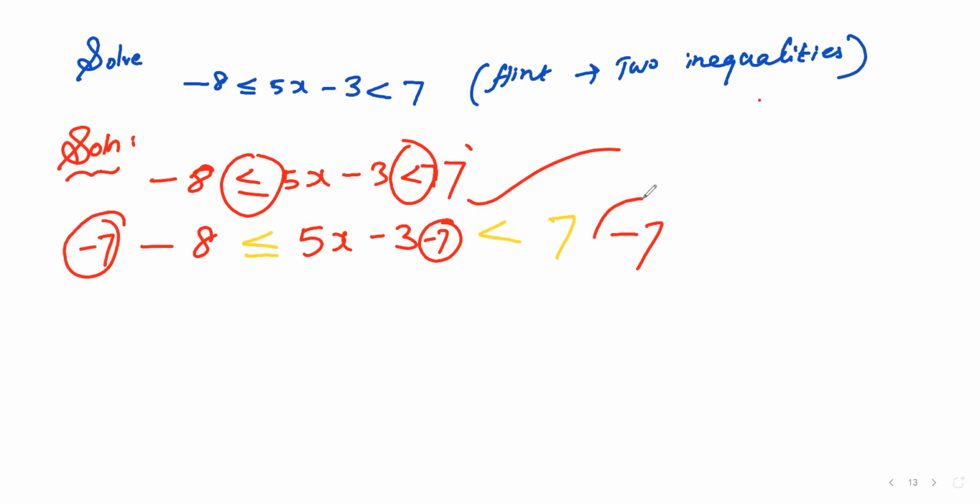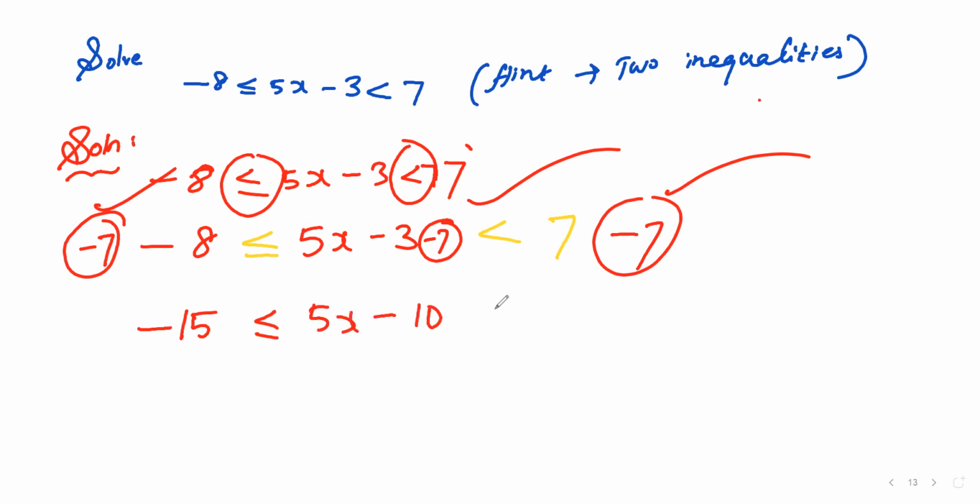Minus 7, minus 7, minus 7. This side minus 15, 5x minus 10, this side just 0.